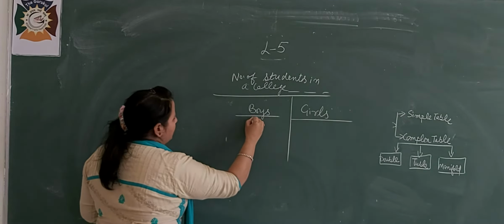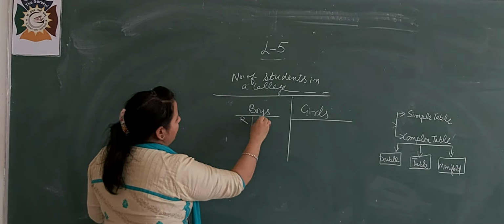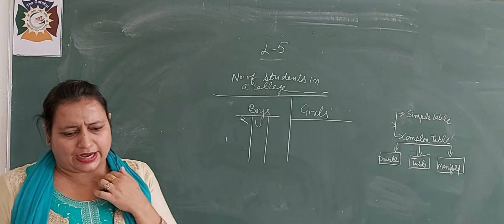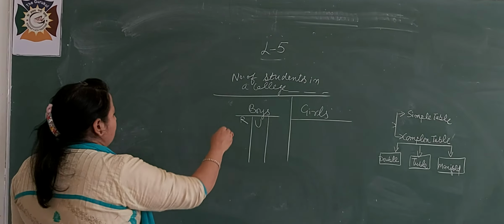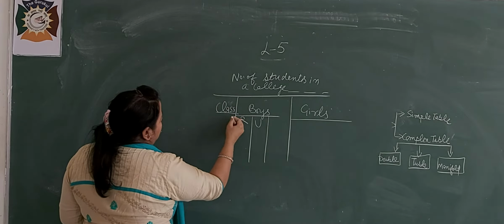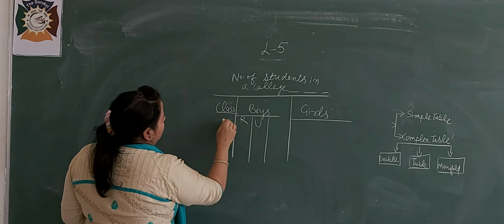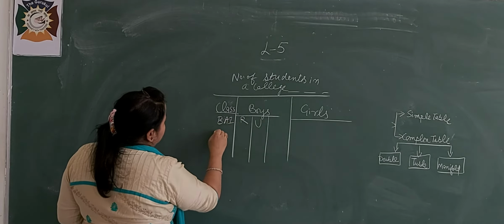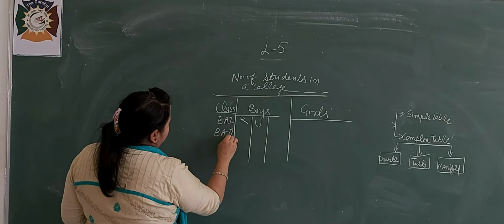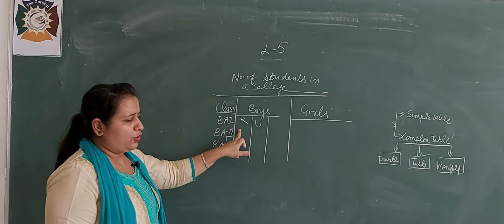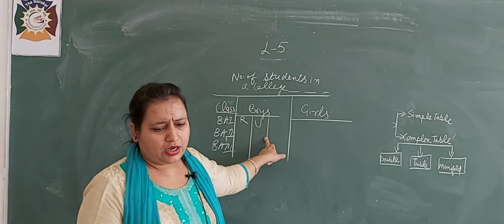Then I am taking rural, urban, after that total, and here I am taking class: 9th, BA first year, BA second year, BA final. Rural, urban, total.